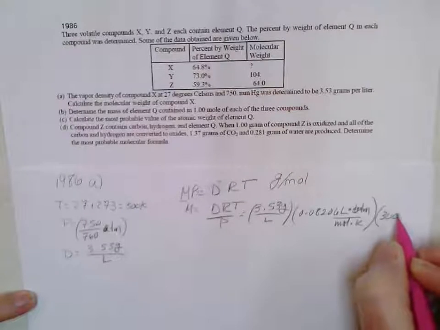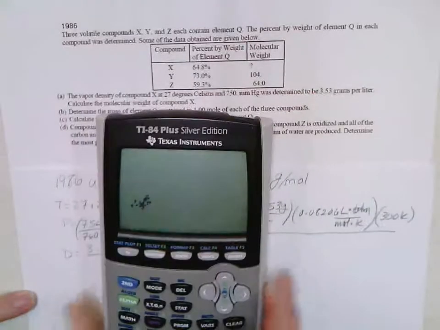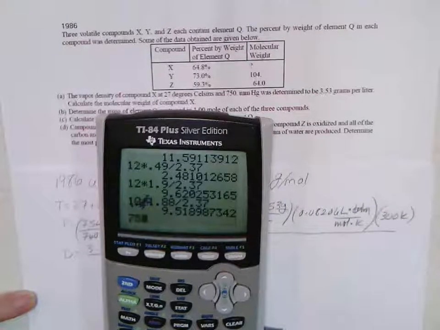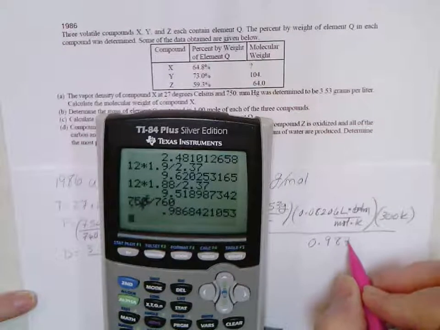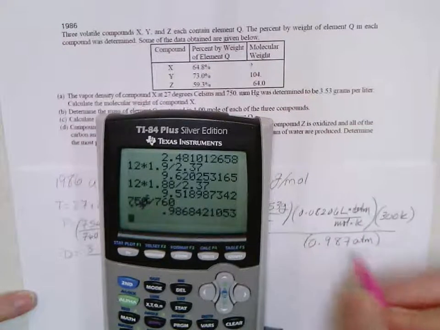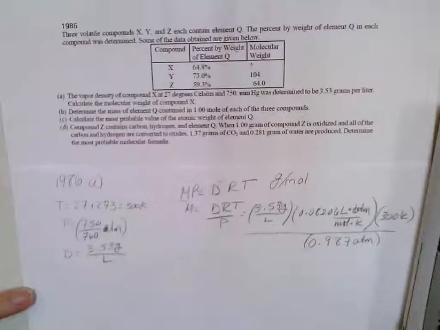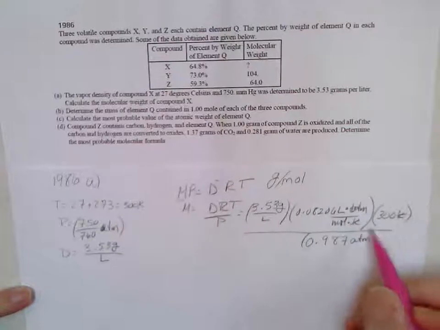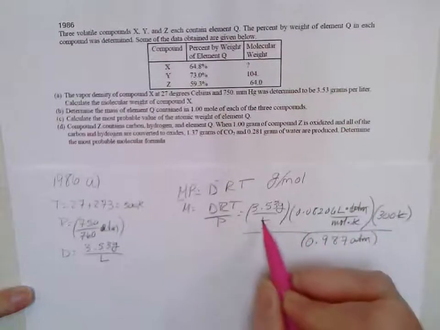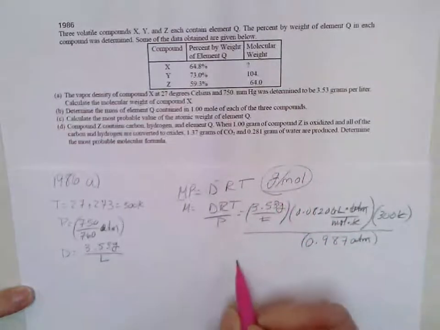Temperature is 300 K. And the pressure, I'm going to go ahead and just divide this out. 750 divided by 760 equals 0.987 ATM. I'm going to use that whole number, but I just rounded it here. Let's look at our units and see if they all cancel. So Kelvins cancel, ATM cancel, liters cancel, and I'm coming out in grams per mole, which is what I want. So I'm in good shape.